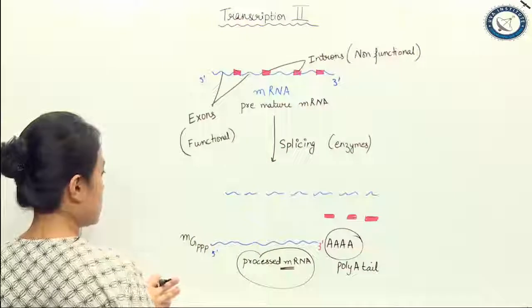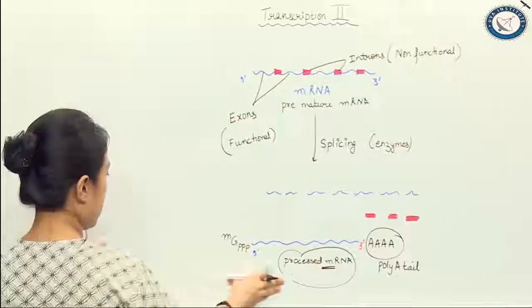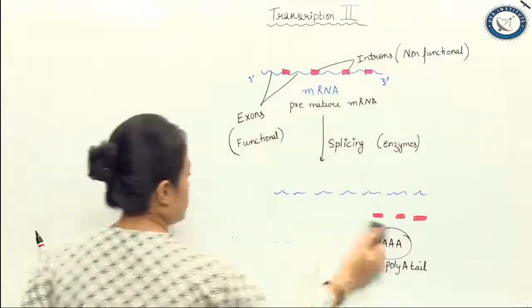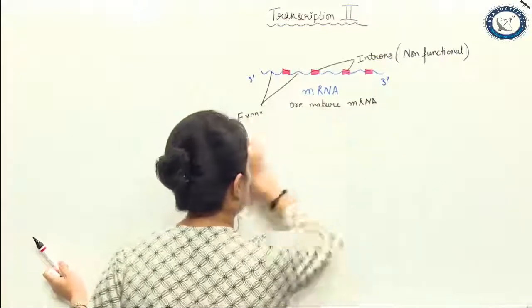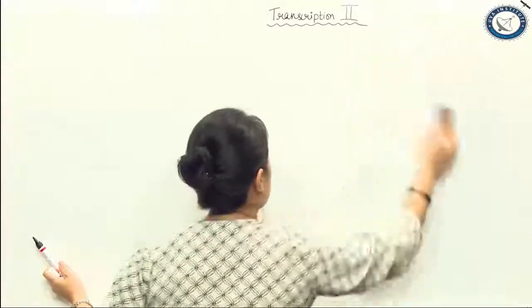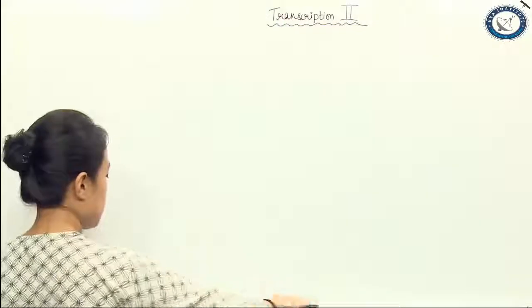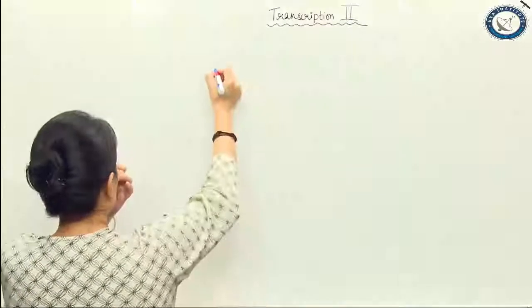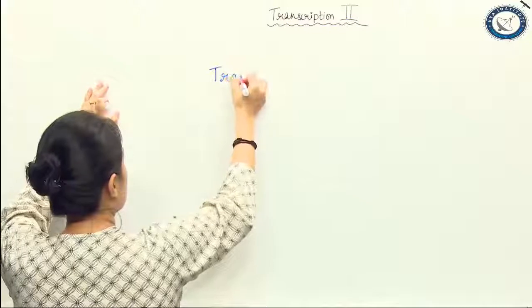So that means, on an average, I'll just give you a small flow chart so that it becomes easy for you. What happened is that we went through a transcription process.